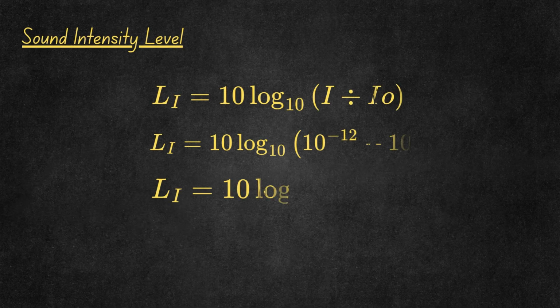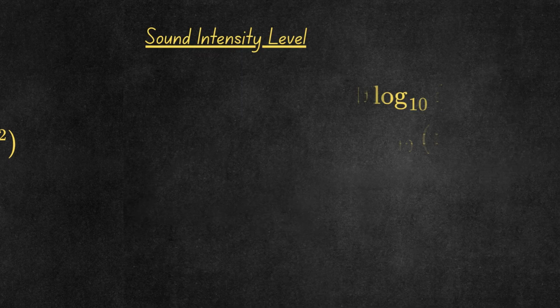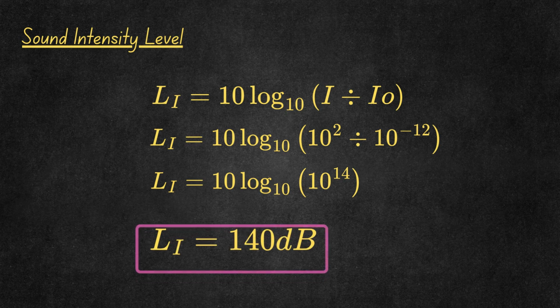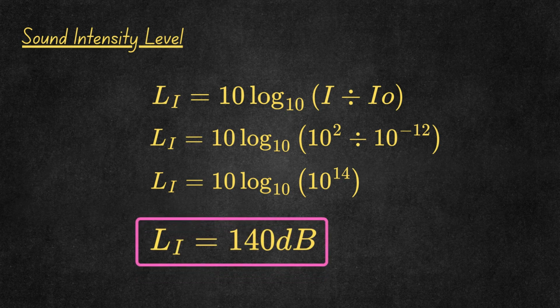If we use the equation to consider a sound with an intensity equal to the threshold of audibility, we can see that the intensity level equals 0 decibels. Alternatively, if we consider a sound with an intensity 10 to the 2 watts per meter square, we can see that the sound intensity level is 140 decibels, which is considered the threshold of pain.